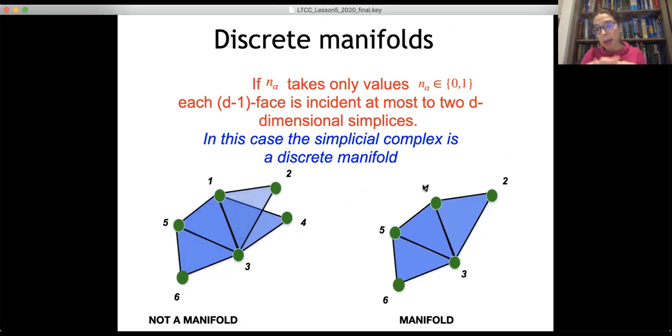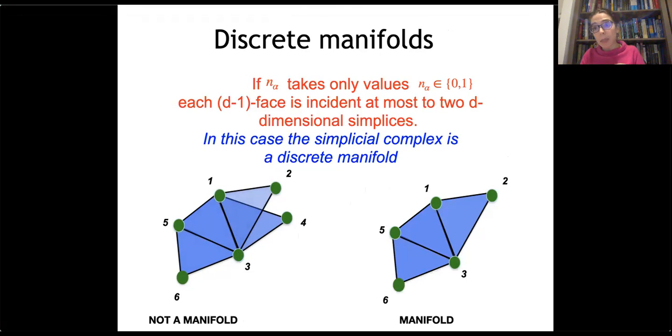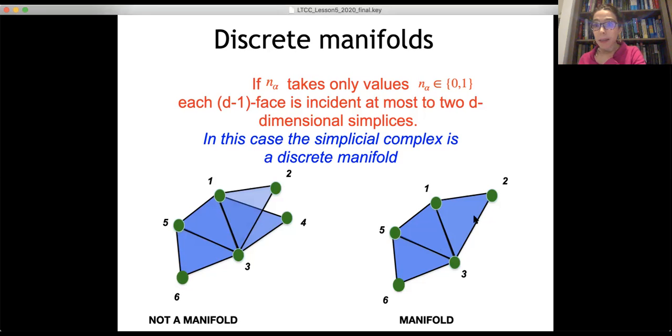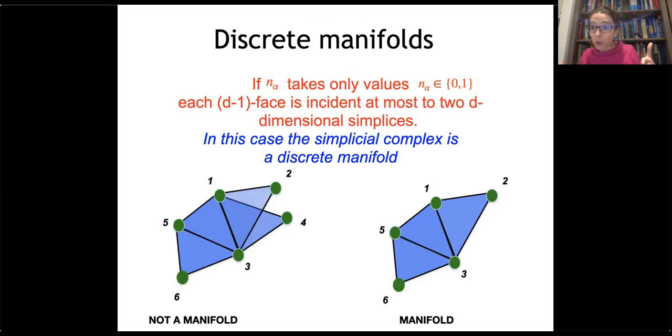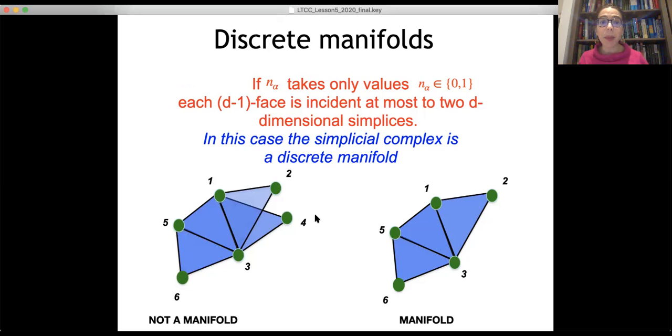A manifold, for instance a 2-dimensional discrete manifold, is something that is homeomorphic to a surface. For this you need the link to be incident to at most 2 triangles.